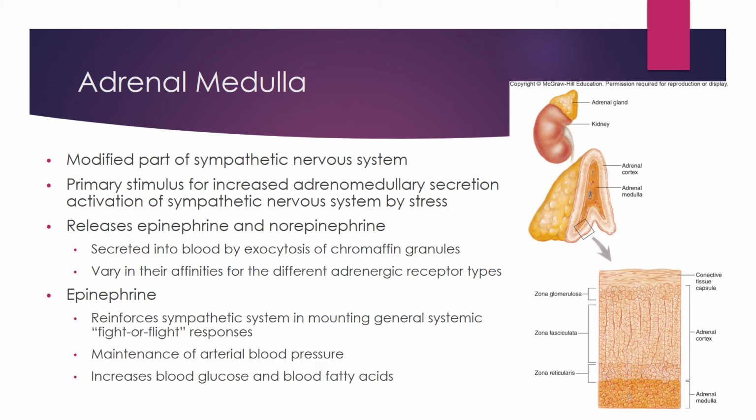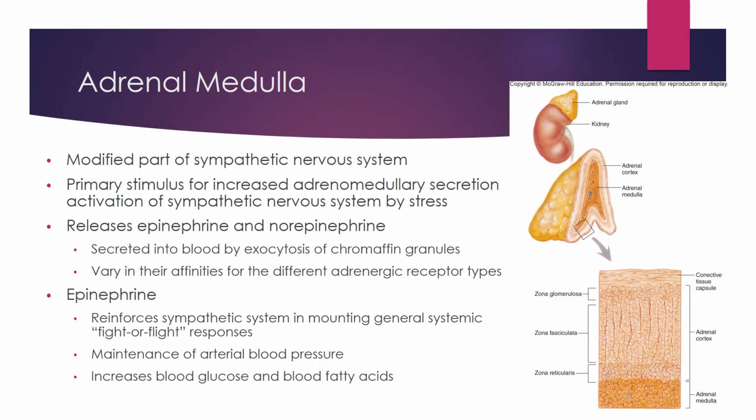What happens is there's a release of epinephrine and norepinephrine, which is secreted into the blood by exocytosis, and their affinities will vary depending on what their target tissues are and what receptors they have. Epinephrine will reinforce the sympathetic system in mounting that fight or flight response that we have in stressful situations, and also helps to maintain arterial blood pressure and increase blood glucose levels and blood fatty acid levels.